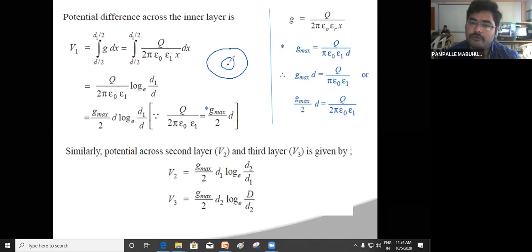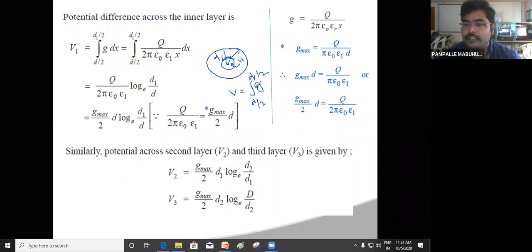From the surface of the conductor to here, you have to find the potential difference, which is represented with V1. That V1 is from the distance small d by 2 to d1 by 2. So to get the voltage, you have to integrate G with respect to x from d by 2 to d1 by 2.